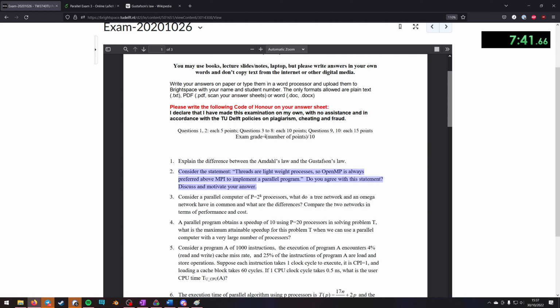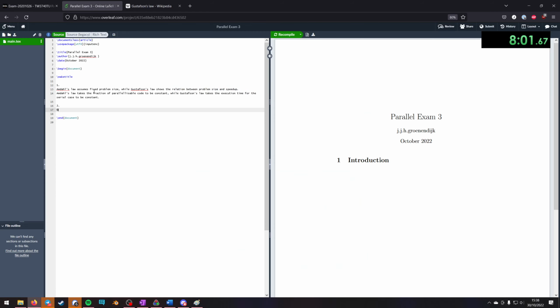I mean, you can have databases in both. Well, no, MPI has distributed memory, right? Yeah, that's true. You're right. But yeah, is this a positive point? OpenMP.